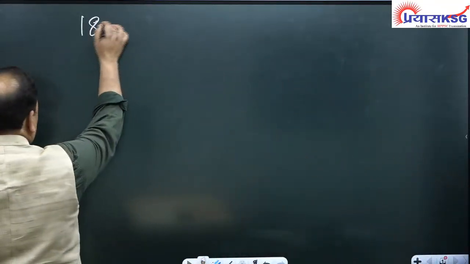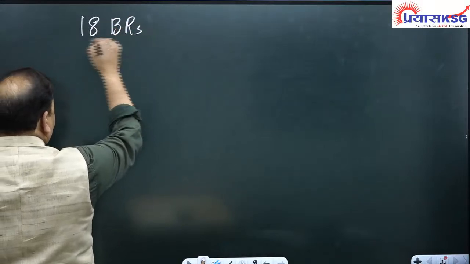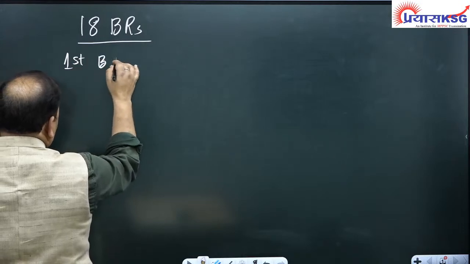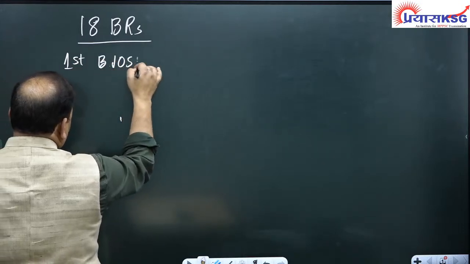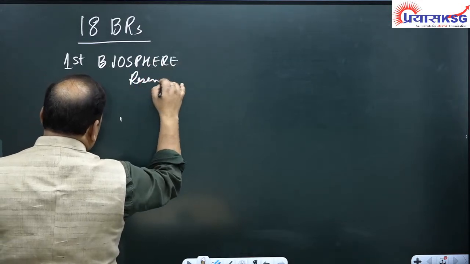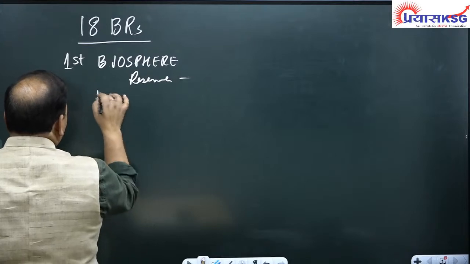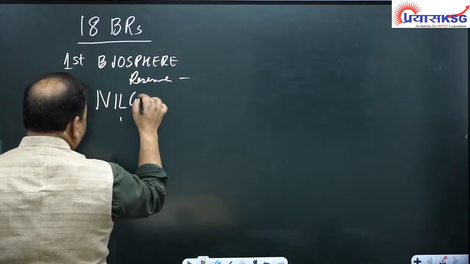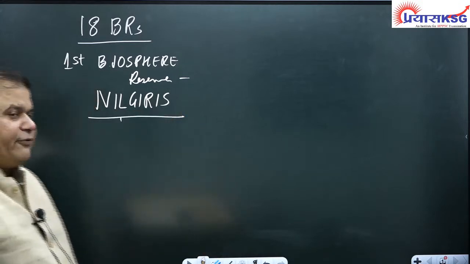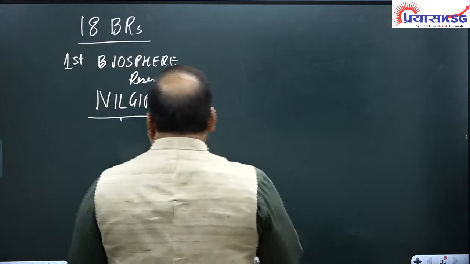अब देखो 18 बायोस्फीयर रिजर्व है इंडिया में. सॉरी, 18 बायोस्फीयर रिजर्व्स आर देयर इन इंडिया. सो वेयर वाज द फर्स्ट बायोस्फीयर रिजर्व एस्टैब्लिश्ड? Now the first biosphere reserve established was नीलगिरीज. अब एक ये क्वेश्चन है, नीलगिरीज, ये फर्स्ट बायोस्फीयर रिजर्व एस्टैब्लिश हुआ था 1986 में.